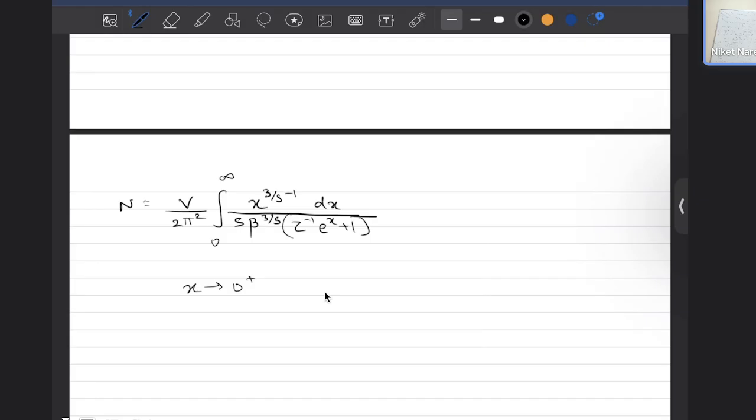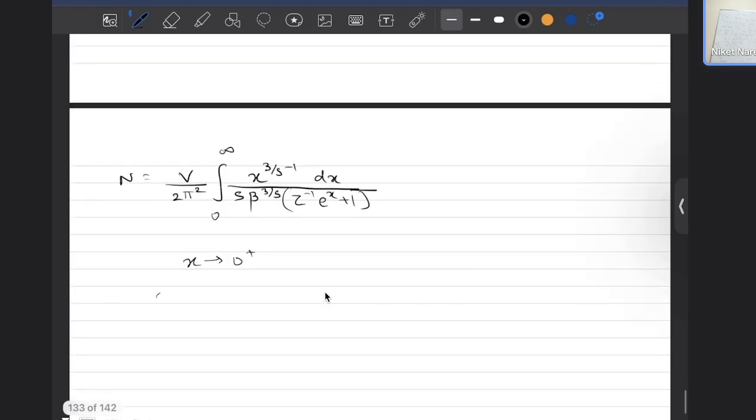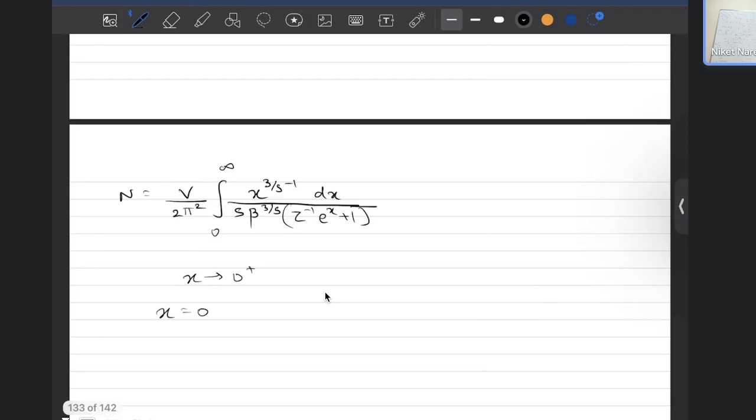But exactly at x equal to 0, you have some divergence. So exactly how this works out is that your n is basically split into n0, where basically x is equal to 0.